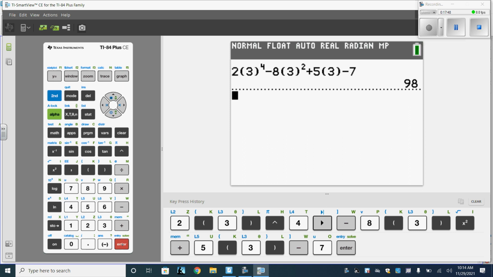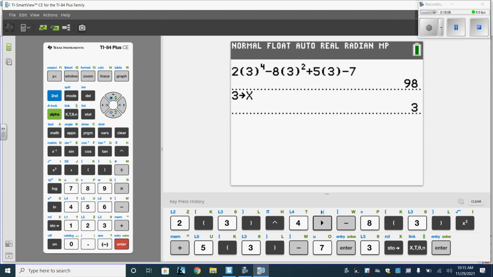So what we can say is 3 sto, S-T-O, x. 3 sto x. If we do this here and hit enter, it's going to store 3 as the value of x. So whenever we type x in for this here, not when we graph it, it will say that it has a value of 3.